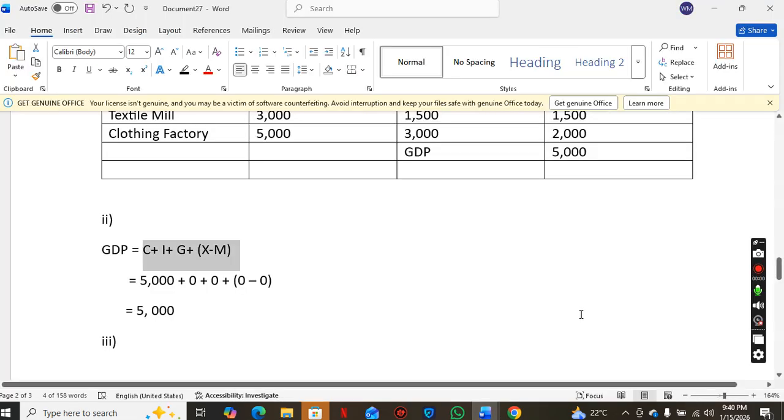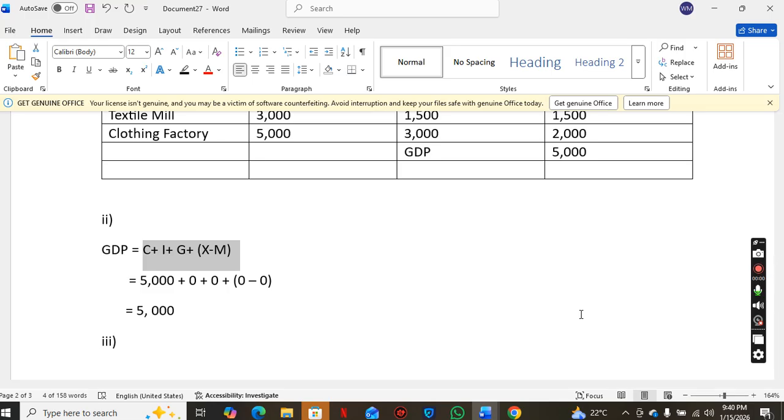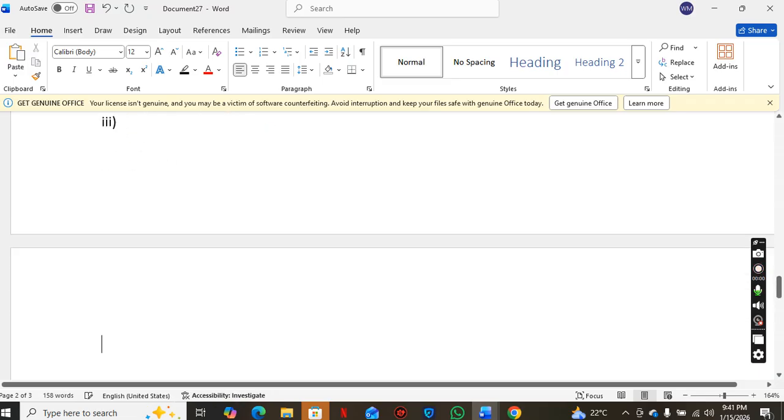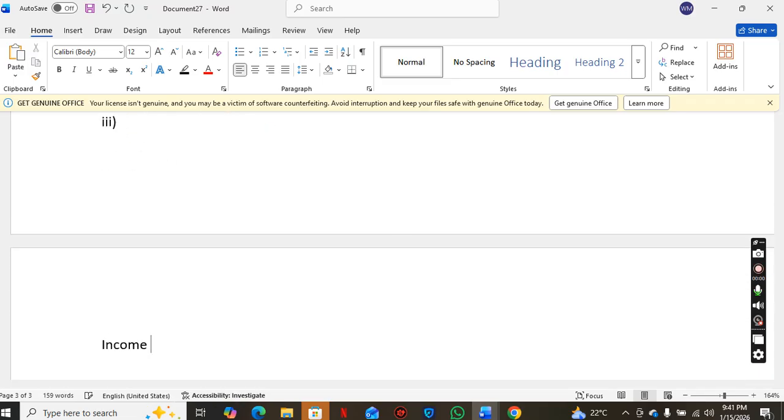I can go to the income approach now. Yes, sir. Okay, so the income approach. Remember it's profits plus rent plus interest plus wages. We're looking at the income earned by the factors of production: land, labor, capital, and entrepreneurship.